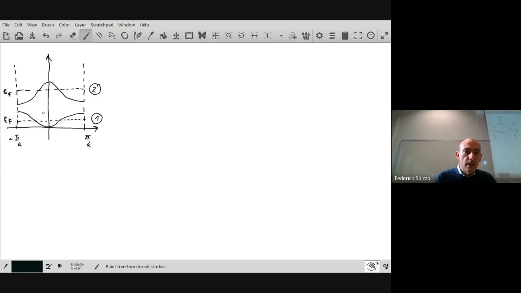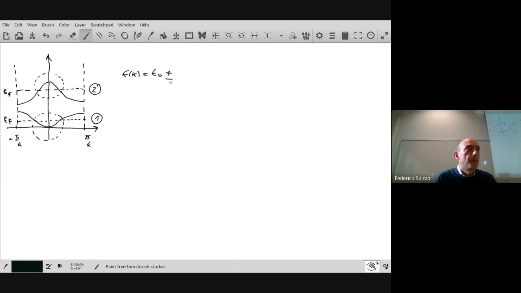If you notice the energy versus wave vector dependence that we have here and the energy versus wave vector dependence that we have here, in both cases, we may describe those two dependencies as E of k is equal to E0, where E0 is or the energy at the minimum or the energy at the maximum.